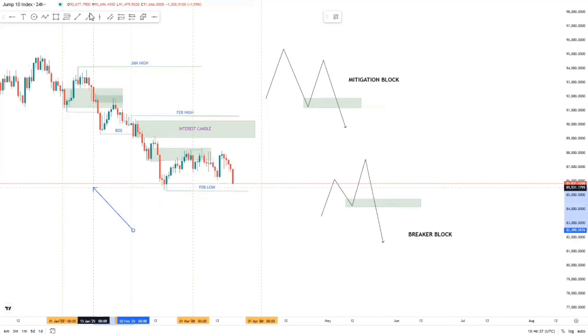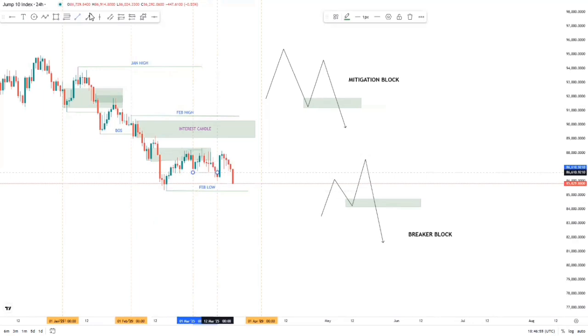So on the start of March, on 4 March, we swept liquidity here. We swept liquidity here, and we came and broke here. So you see, this was the indication of a sell continuation.